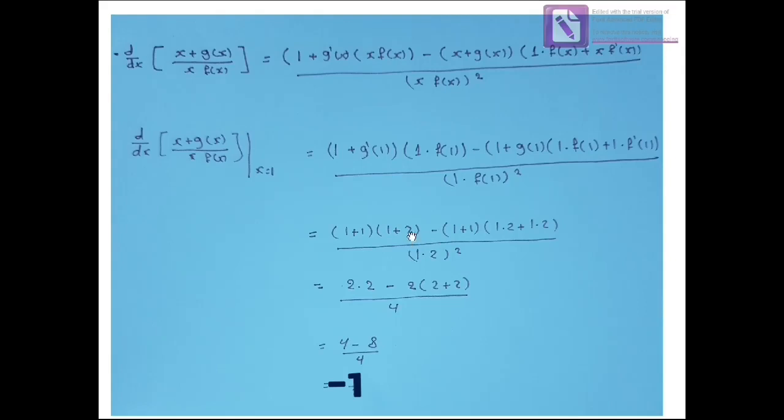This one should be multiplication not addition, because 1 multiplied by f(1) will be 1 multiplied by 2, not 1 plus 2. So it will be 2 multiplied by 2, minus (1 plus 1) which will be 2, and 1 multiplied by 2 will be 2, plus 1 multiplied by 2, 2. So 2 plus 2 will be 4, 4 multiplied by 2 will be 8, and 2 multiplied by 2 will be 4, so (4 minus 8) over 4 will be minus 4 over 4, this will give us minus 1.